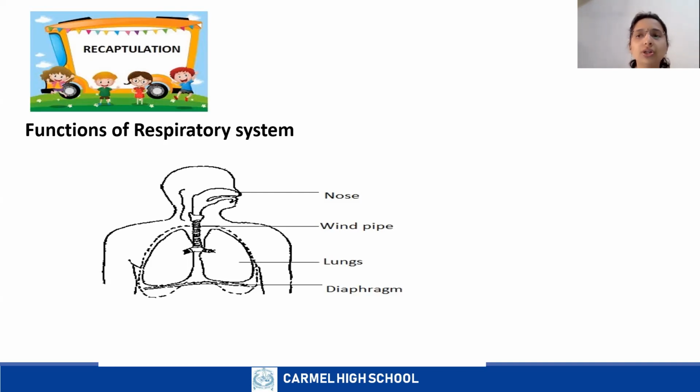The function of the lungs is to exchange the gases. The useful gases are taken by the lungs and harmful gases given out. And the diaphragm, it is a continuous process. What is it doing? Moving upward and downward and giving the lungs space. So we have already learned this, right?